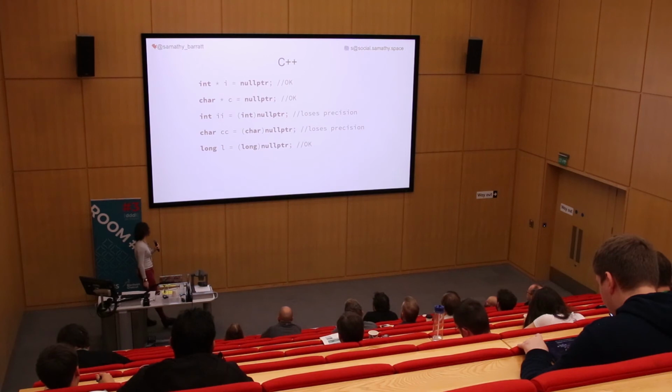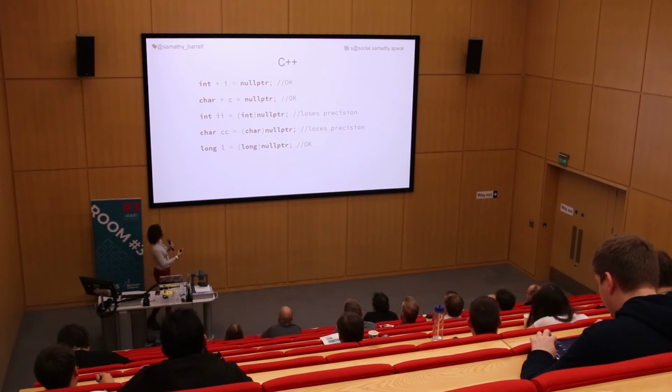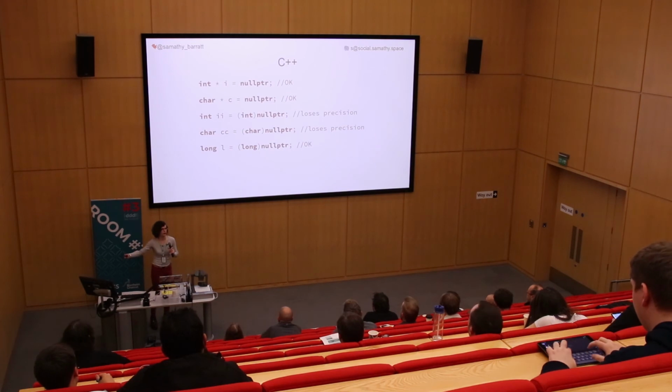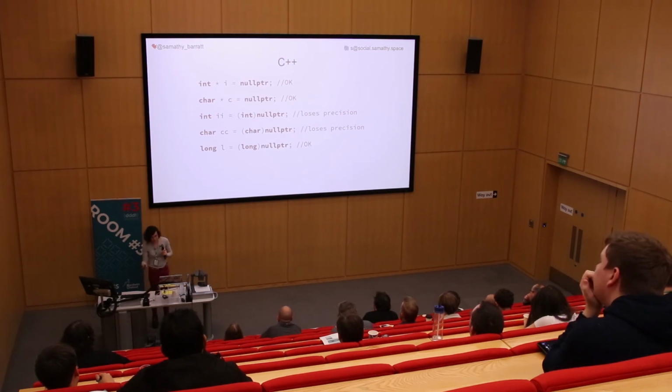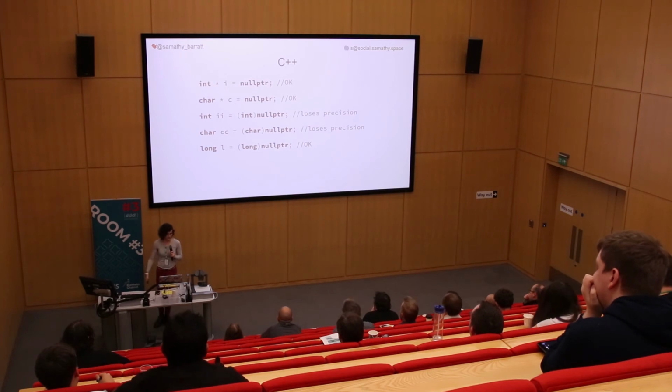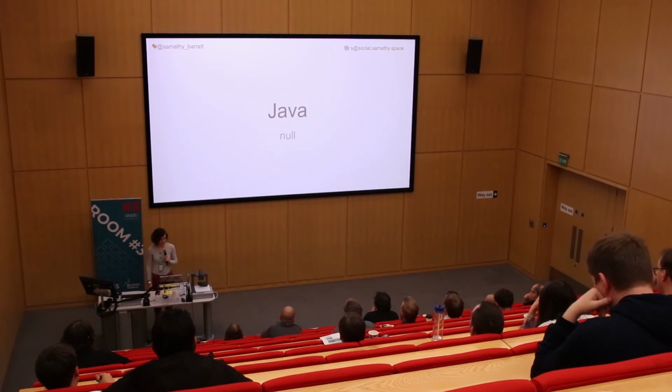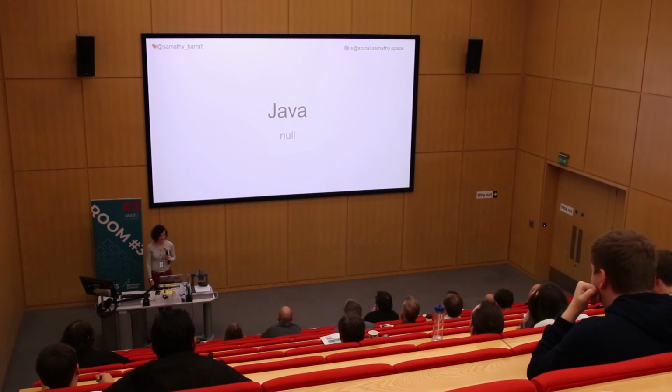But you can, and I think it's interesting because nullptr represents nothing, and you can't turn it into integers or characters, but you can turn it into particularly long integers. Like, if it's not a thing, how can you convert it into a long? Anyway, so, right, Java.